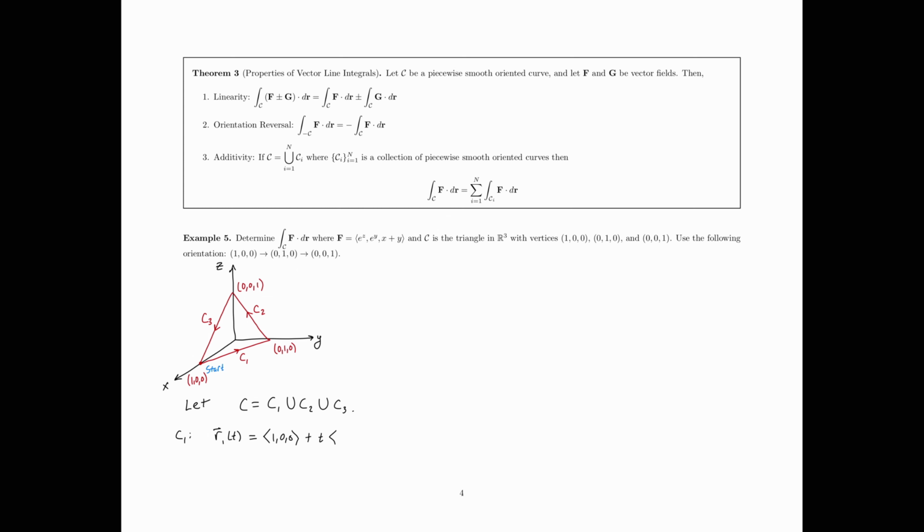So our direction vector, we could just do final minus initial. So this will be 1, 0, 0 plus t times the vector negative 1, 1, 0.